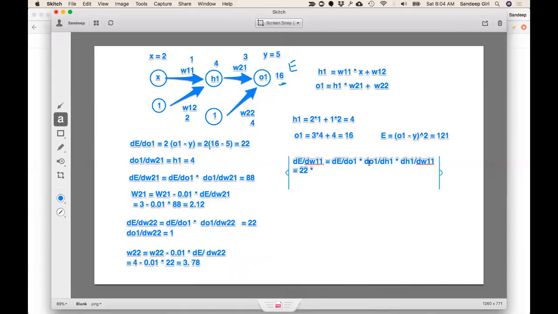This part, the rate of change of O1 with respect to H1, is not something we have computed so far. But dE by dO1, once computed, is used multiple times. That's why we call it backpropagation, because we go from right to left so that we can utilize what we calculated in the previous steps.